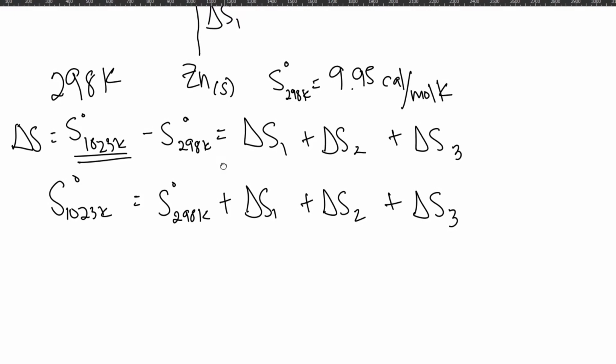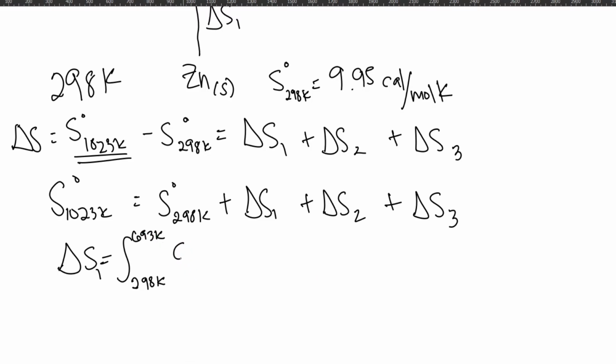Going from one temperature to a higher temperature, delta S is just equal to the integral from the initial temperature, in this case for delta S1, 298 Kelvin to 693 Kelvin, of Cp of the solid over T dT.